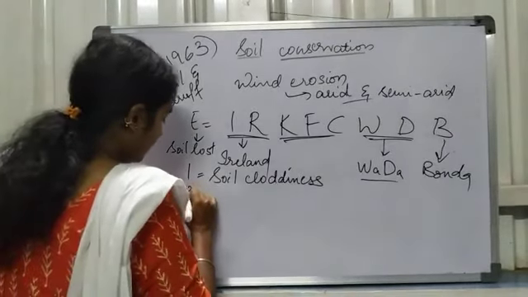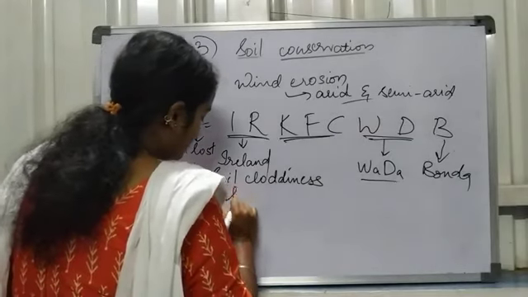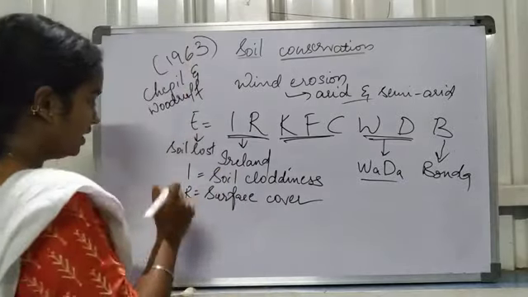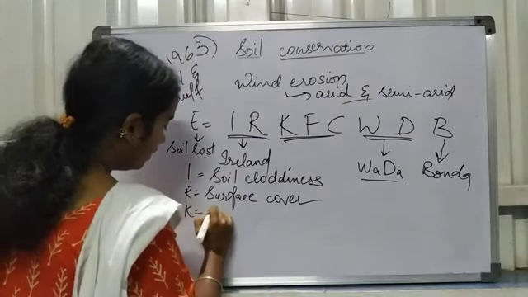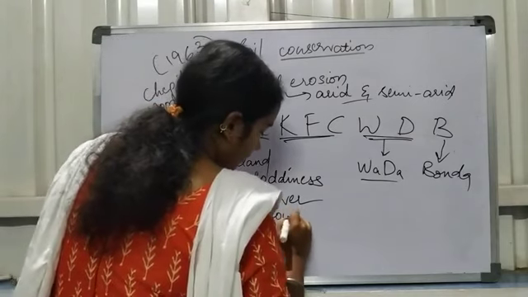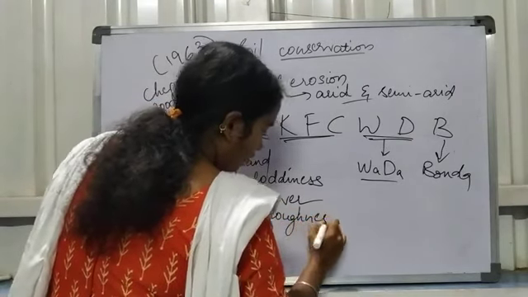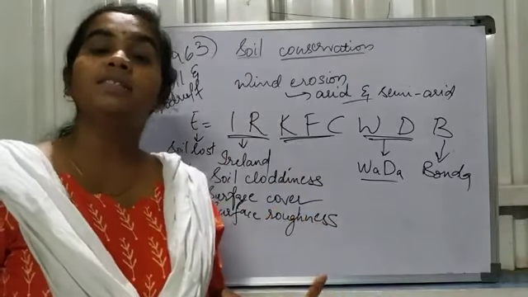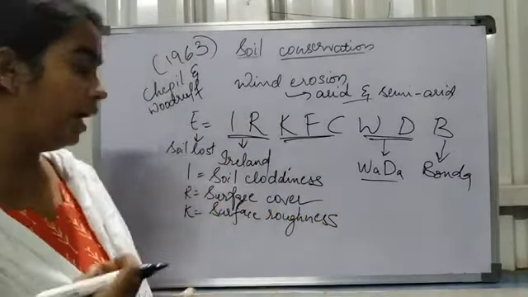And next is surface cover, surface cover by the vegetation. And the third one is surface roughness. How rough is the soil? The higher the roughness, the more the resistance of the soil to the wind erosion.